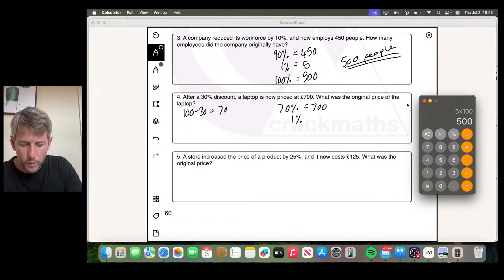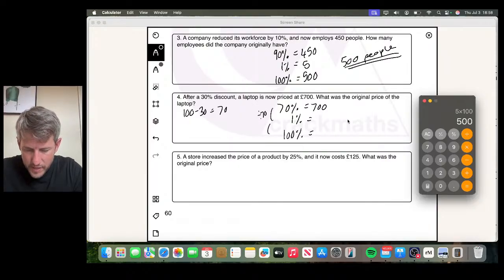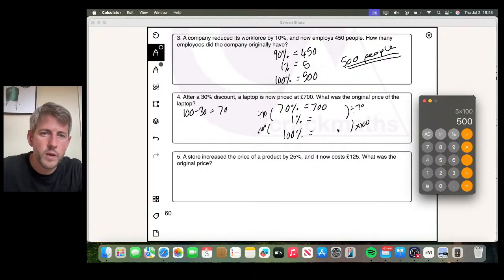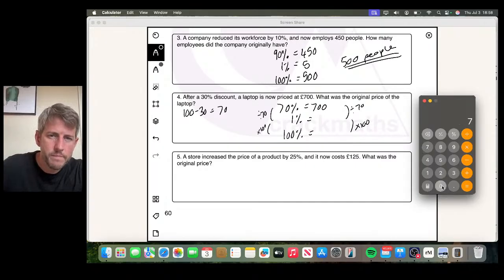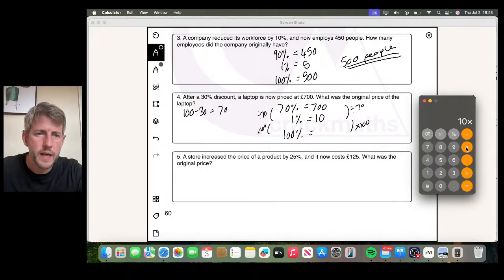We then need to find 1%, and then we can find our 100%. So remember, we just divide by 70 here, and then times 100. And then we do the same thing on this side as well. Right, so we've got here 700 divide 70. Okay, so 1% is 10. And then times that by 100.